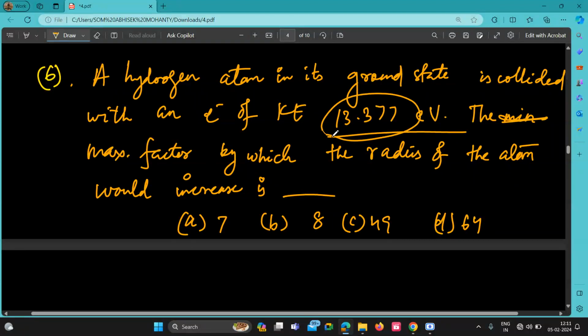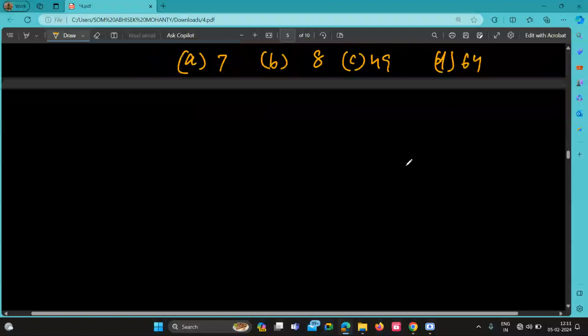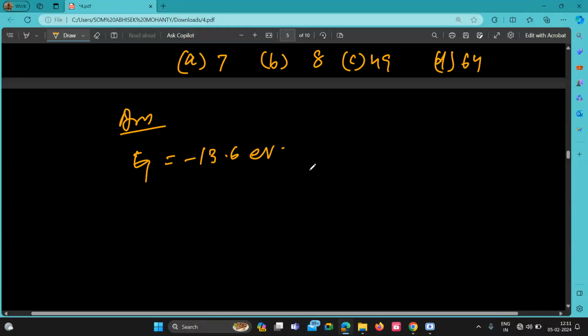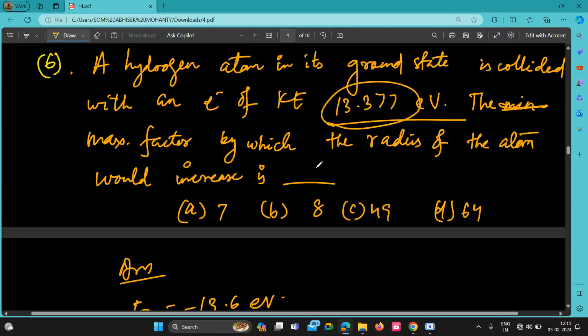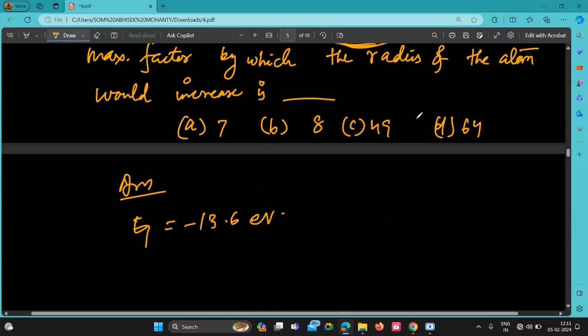See, 13.377. We know the ground state energy of the hydrogen atom is minus 13.6. So the thing is, how much will be added to minus 13.6 to get 13.377?